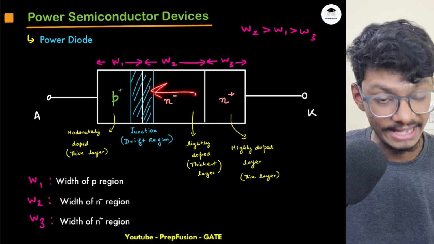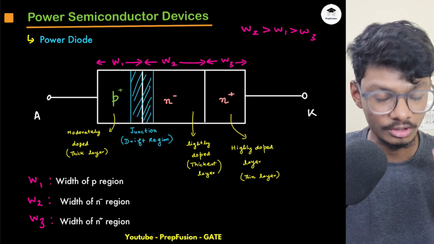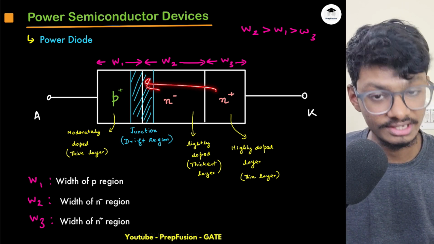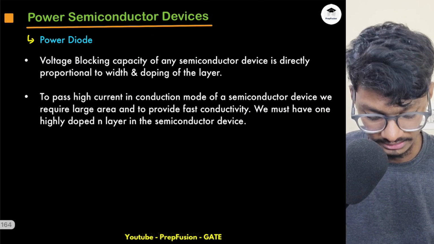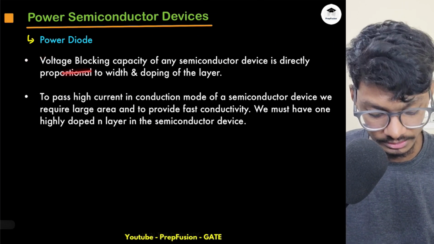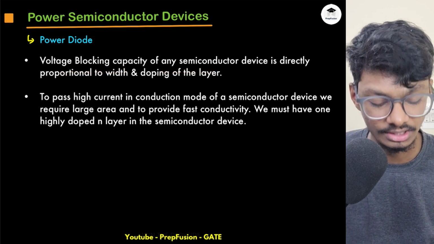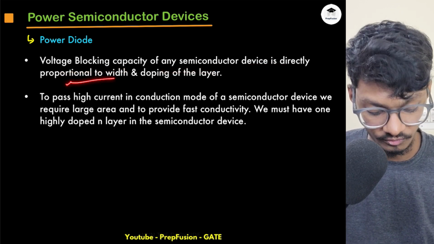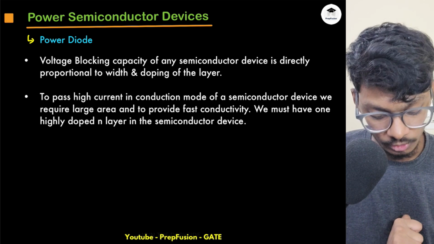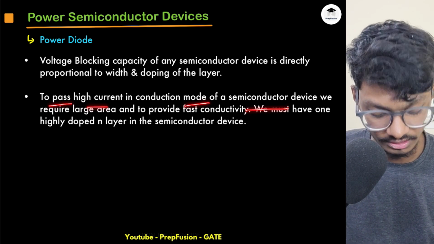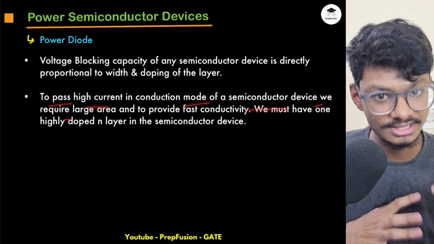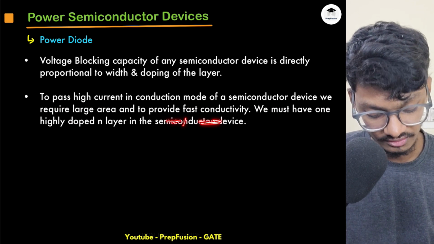Hence, it has higher blocking capacity, and very little current will flow. And exactly that is what it is telling. Voltage blocking capacity of any semiconductor device is directly proportional to the width and doping of the layer. To pass high current in conduction mode of a semiconductor device, we require a large area to provide fast conductivity.